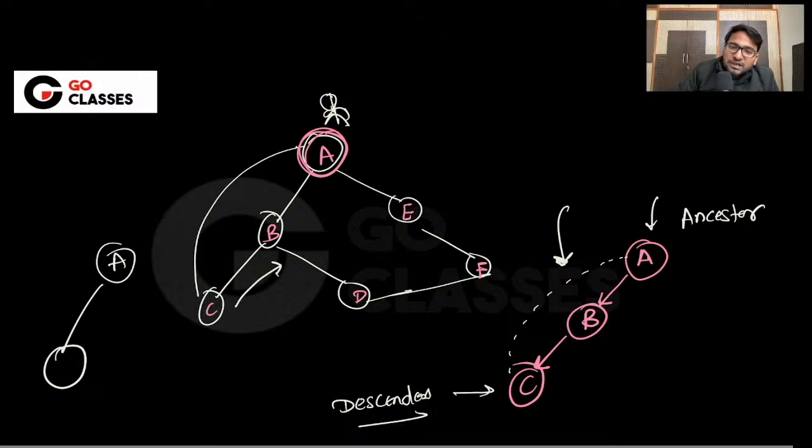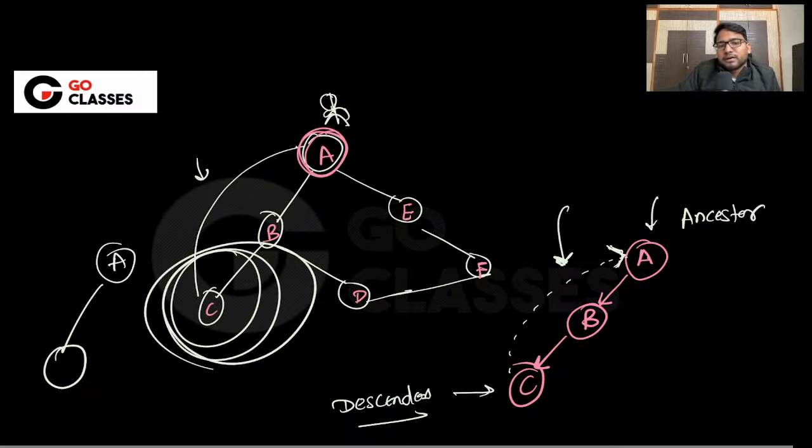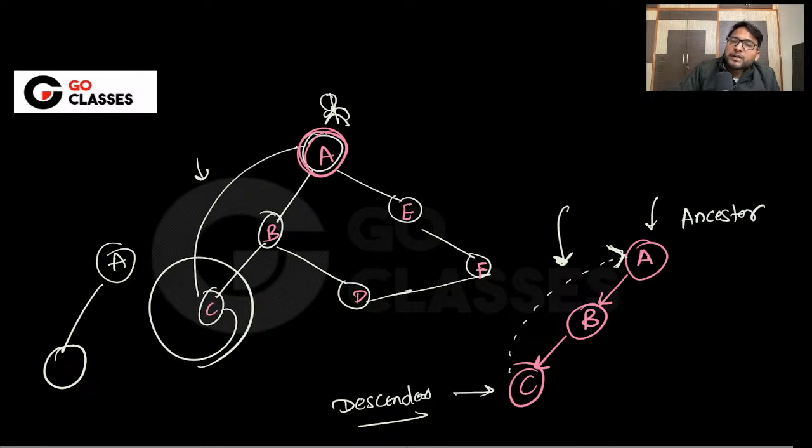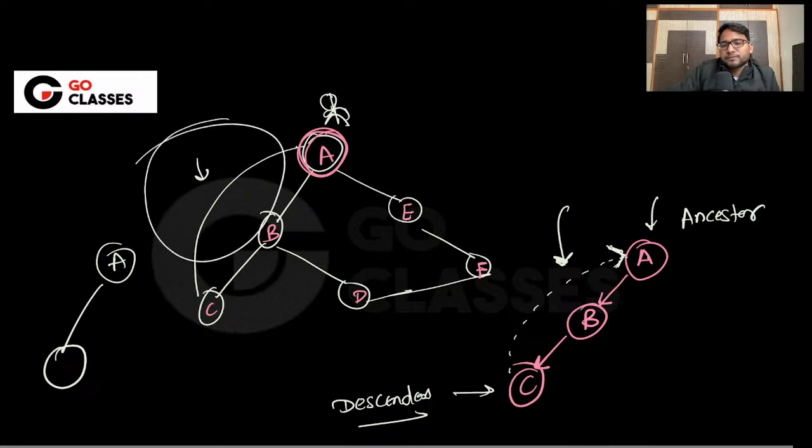So since we discovered it at C, I would like to call it a back edge. It is just up to us, but people have defined this as a back edge. This edge could be forward or backward, but by the standard terminology, we define this as a back edge. Why? Because we discovered this at the time of C. That's why people have called this a back edge.